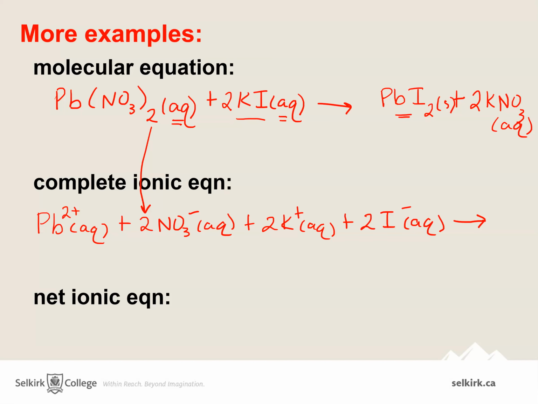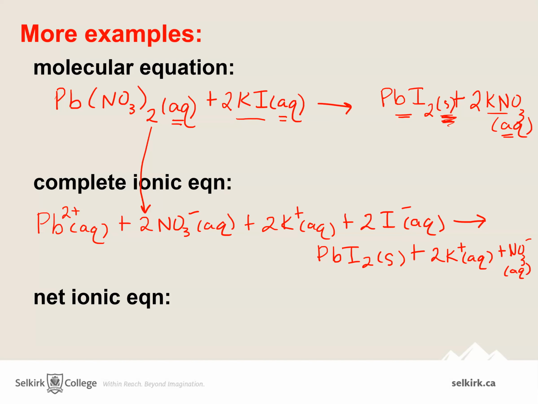Lead 2 iodide, that's ionic, but notice it's a solid. Don't you dare break it up. And finally, potassium nitrate is ionic, but it's soluble. So I get 2 potassium ions and nitrate ions.